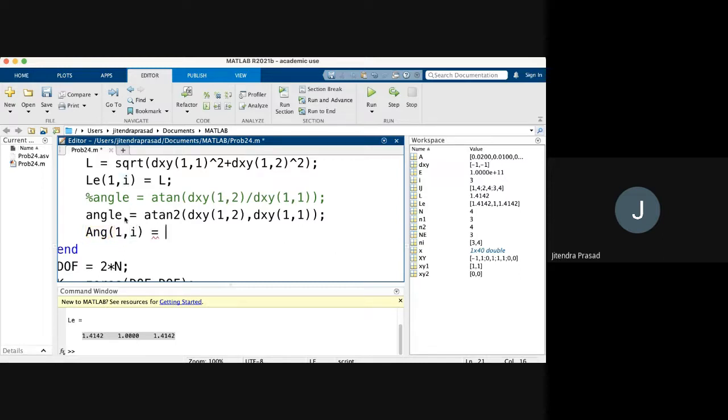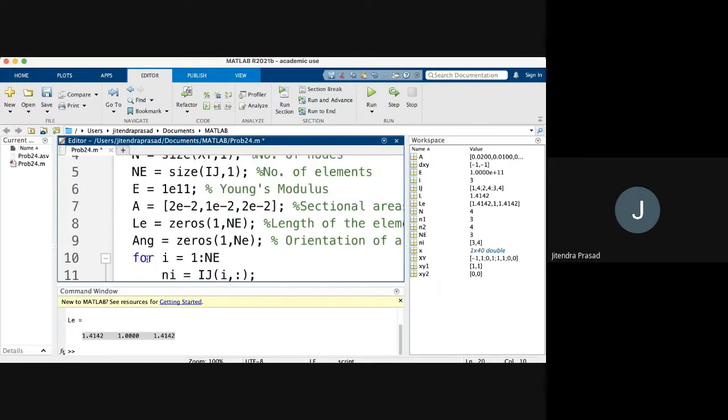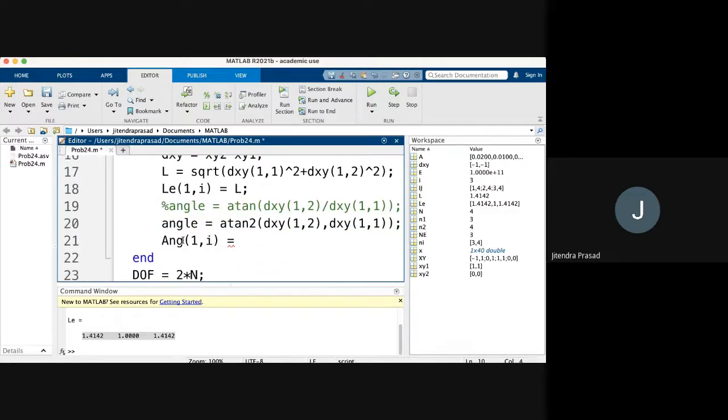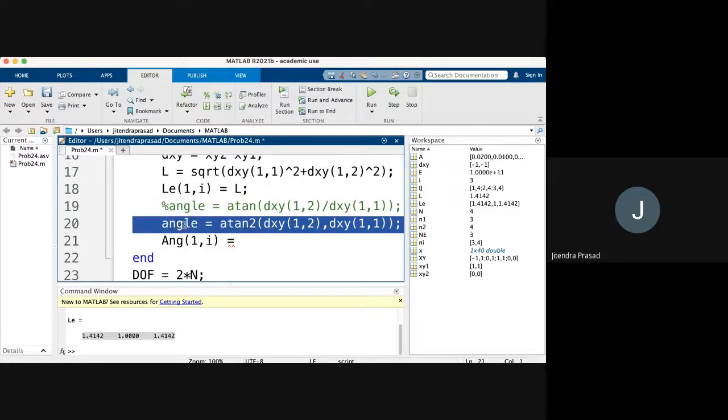So I'm saving it now. This we calculated, this we are saving it in the global matrix, which will be remaining. This will be gone once it is out of this loop.